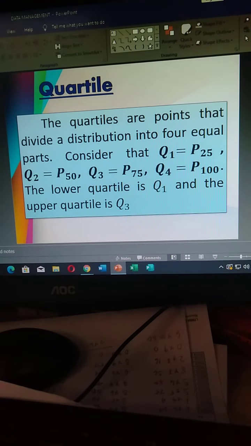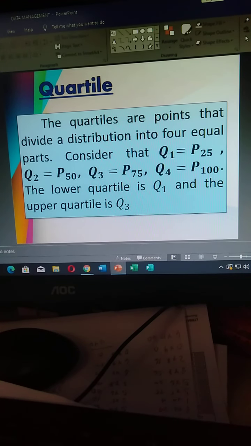Okay. Next, we have also the quartile. So, tapos tayo sa percentile, sa quartile naman tayo. Ito na yung sasabi kong catch kanina. The quartile, diba? 4. So, dito naman, kung yung percentile is nahahati into 100 because 100%, ang quartile naman is divided into 4 parts. So, we have Q1, Q2, Q3, Q4. Bakit sinabi ko kanina na connected silang tatlo?